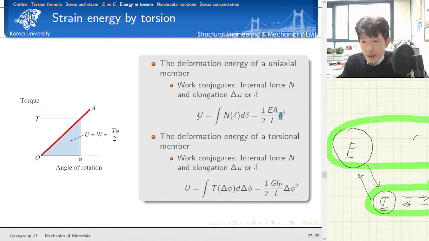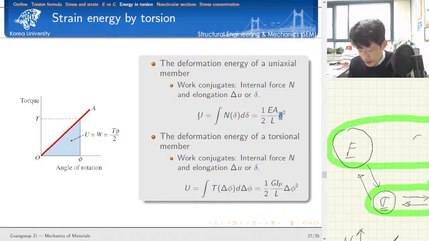Please make sure that because this is linear elasticity, if you check the actual force and the elongation, this is a straight line. The deformation energy is defined by the area under this curve, enclosed by the curve and the horizontal axis.